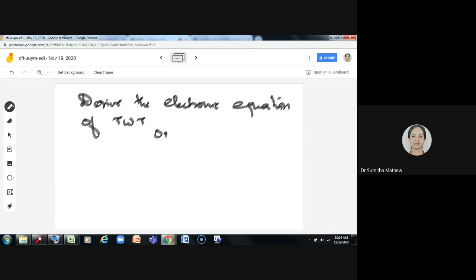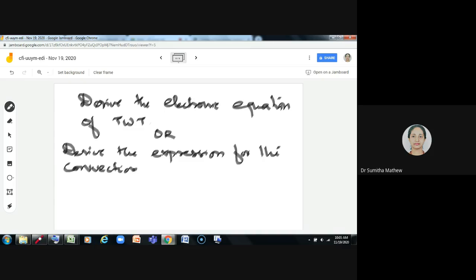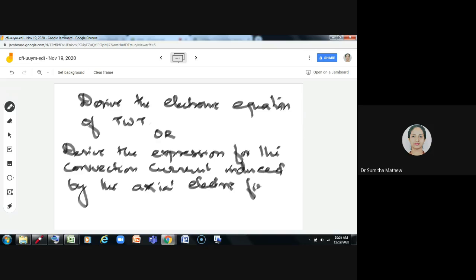Or another way in which the same question can be asked is, derive the expression for the convection current induced by the axial electric field in a helix TWT. That's the question.